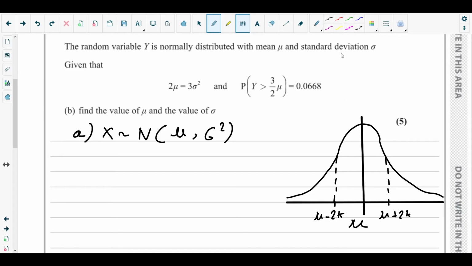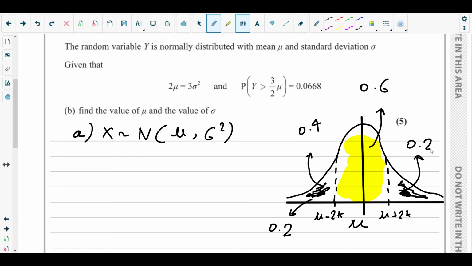The area between this region is 0.6, because the area under the bell curve shows us the probability. If this area is 0.6, then the remaining two tail areas add up to 0.4 total. That means this area is 0.2, and that area is also 0.2.